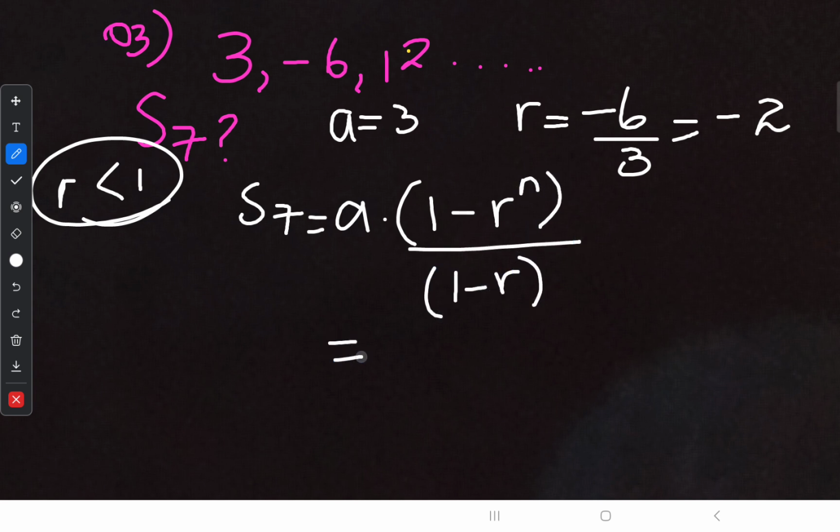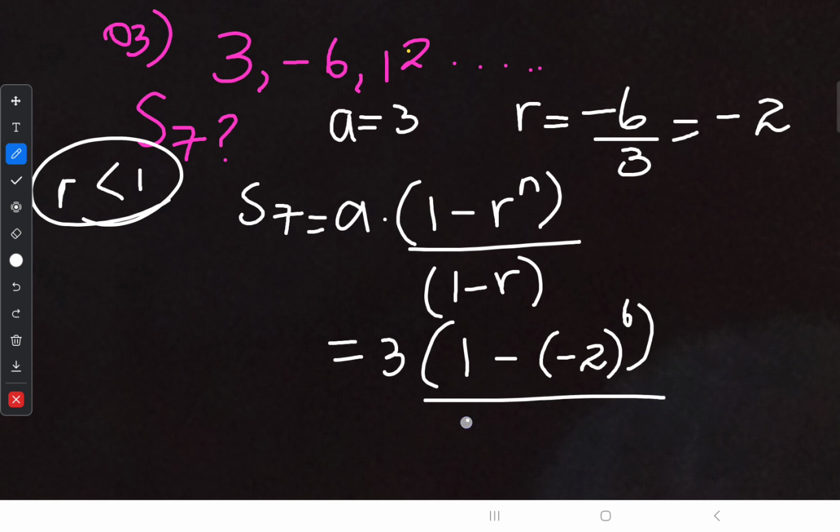Okay, a is 3, 1 minus negative 2 power of 6 upon 1 minus negative 2. There's a negative 2, okay? Negative and minus 2, I'm confused with it.